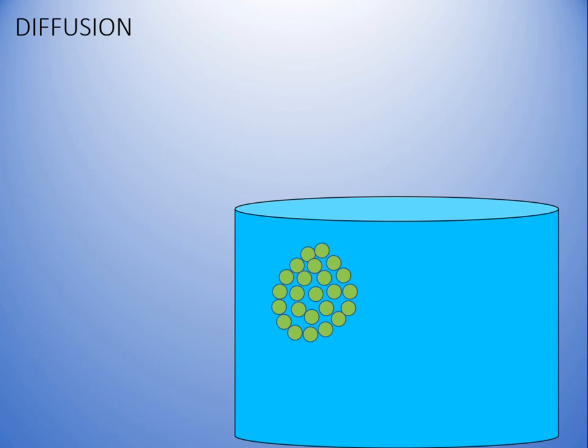Now here in this picture, we have obviously a high concentration gradient right here in this area of all the green solutes, but everywhere else in this glass, we have low concentration gradient. I mean, the concentration gradient over here in the lower right-hand corner of this glass is 0.